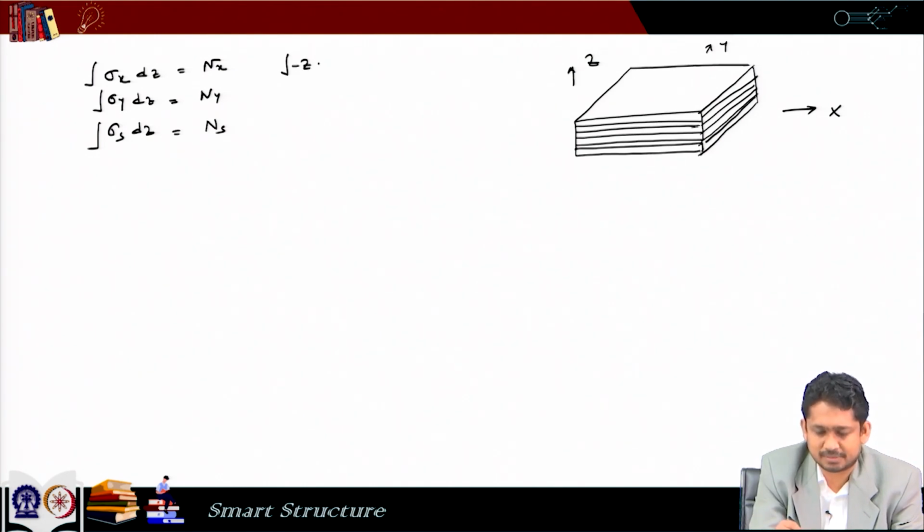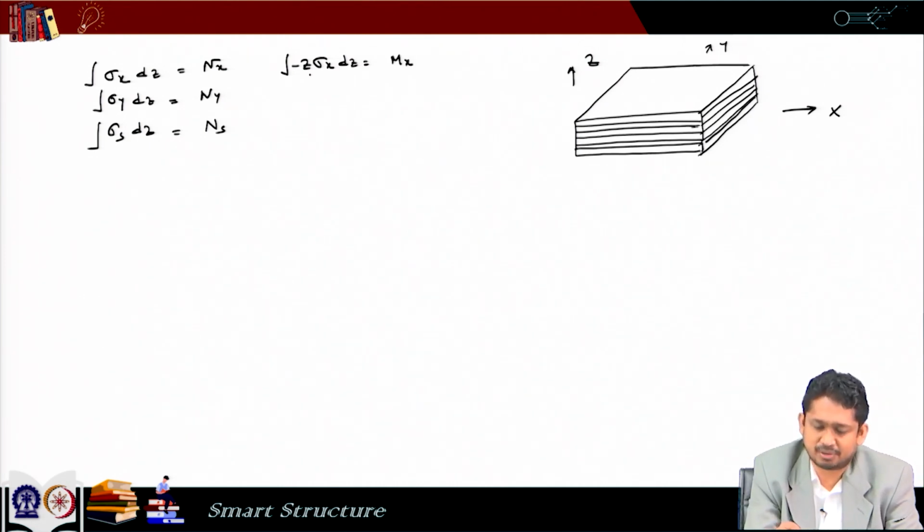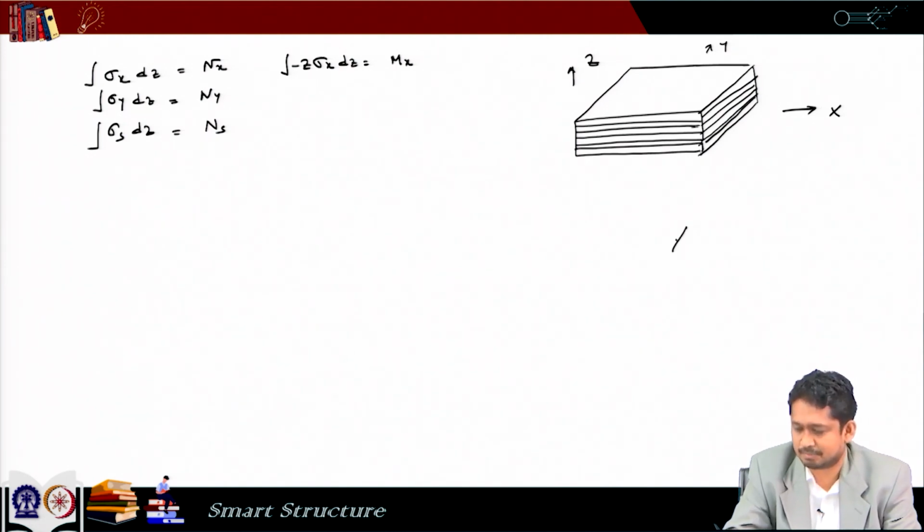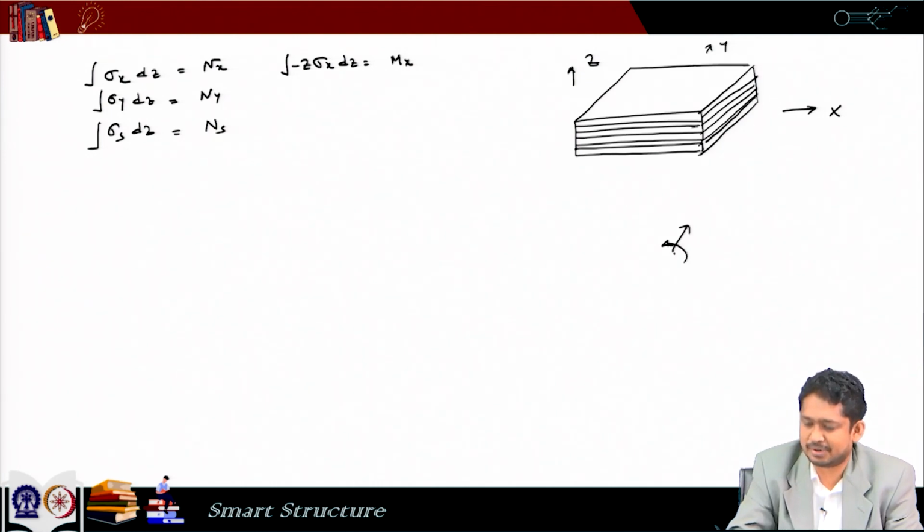And then if we multiply sigma x with minus z and integrate, that gives us a moment m x. Now, please understand this, if we integrate sigma x after multiplying with minus z along the z direction, the moment that we get is with respect to the y direction. So, this moment is acting with respect to y direction, it is a bending moment like this, but still instead of calling it m y, we are calling it m x, just because we are getting it by integrating sigma x.